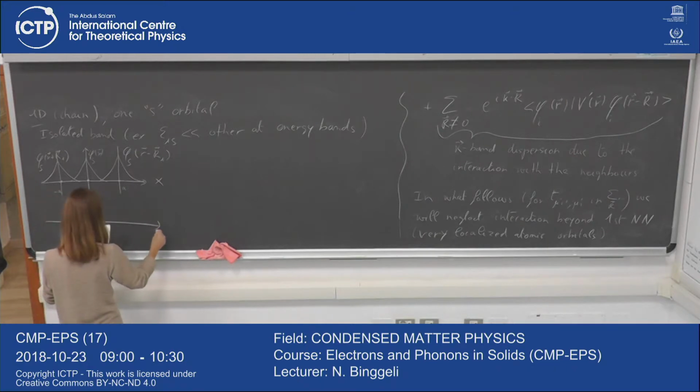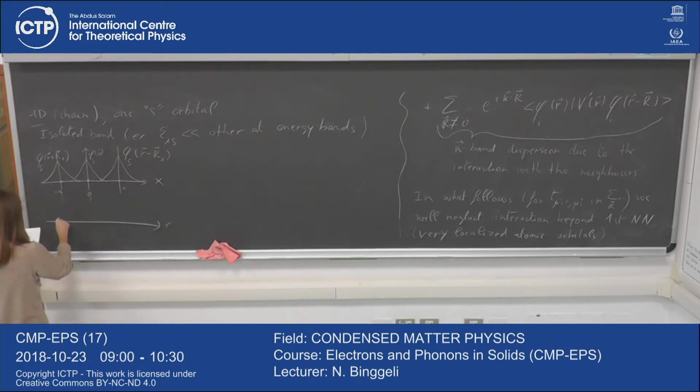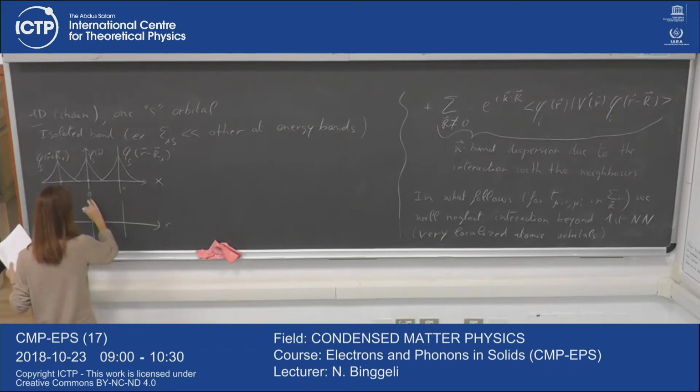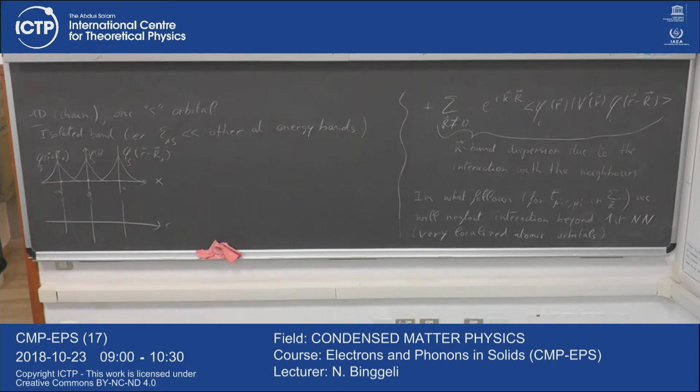So the crystal field here, if I draw it, and I consider some potentials that are, let's say, atomic, the crystal potential would be a sum of atomic potentials, and the crystal field would be the sum of the atomic potentials without the one at the origin.